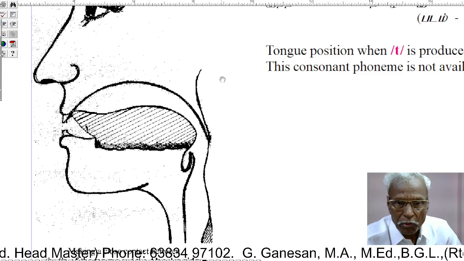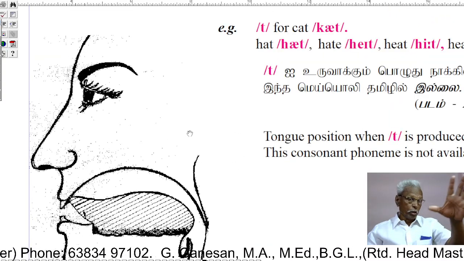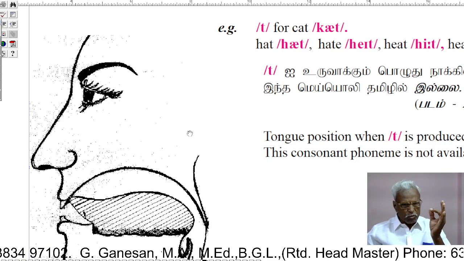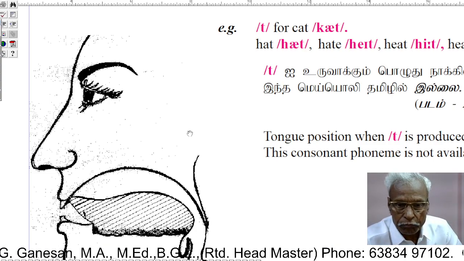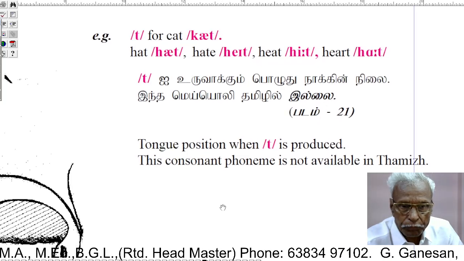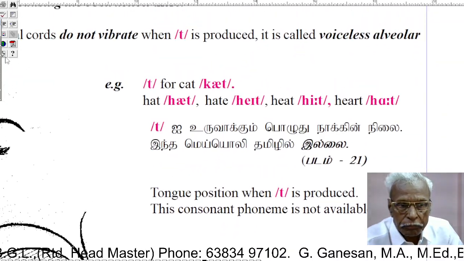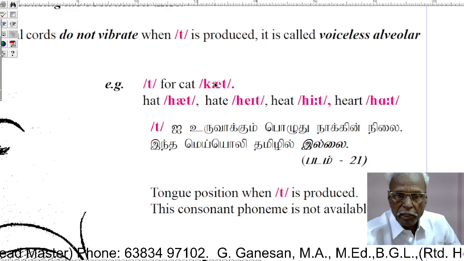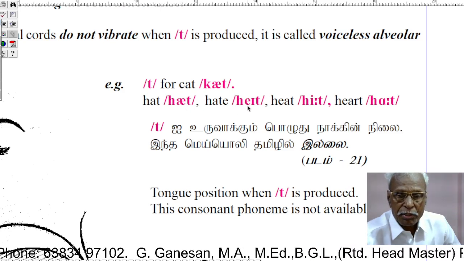This is the way the phoneme /t/ is produced. Let us see the example. When this phoneme is produced, the vocal cords do not vibrate. So it is voiceless alveolar closing. Examples: /t/ for cat, hat, hate.